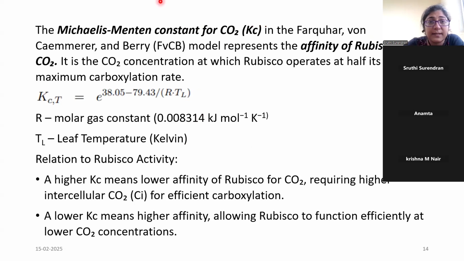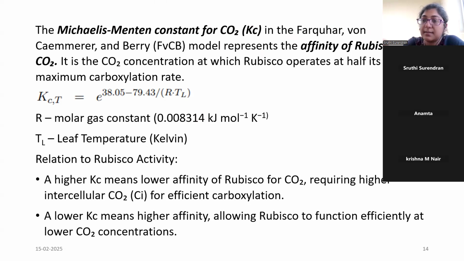So here the Michaelis-Menten constant is representing the affinity of the enzyme Rubisco for carbon dioxide. It is only at a particular level of carbon dioxide concentration that Rubisco will be able to conduct the carboxylation. Say if the oxygen concentration is higher than the carbon dioxide concentration, then Rubisco is going to go to oxygen for conducting the oxygenation.